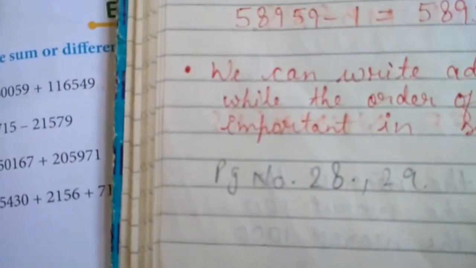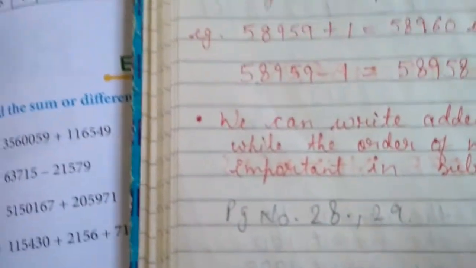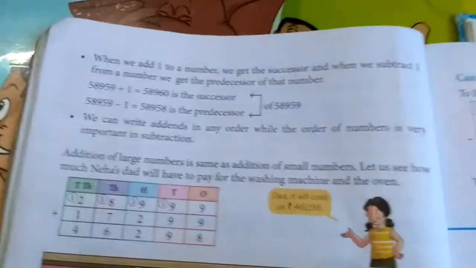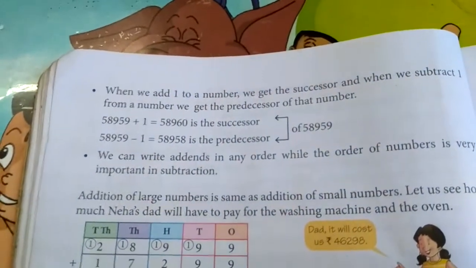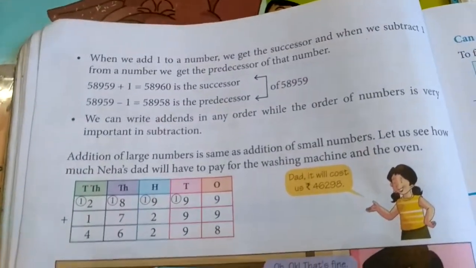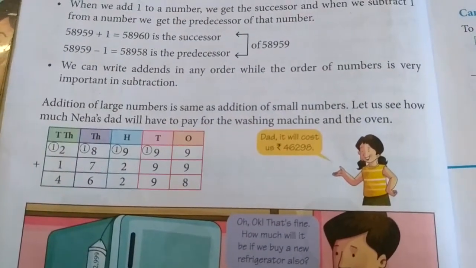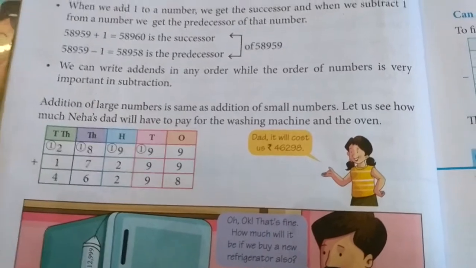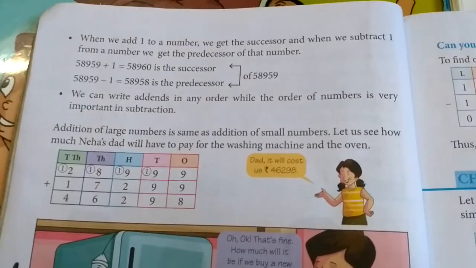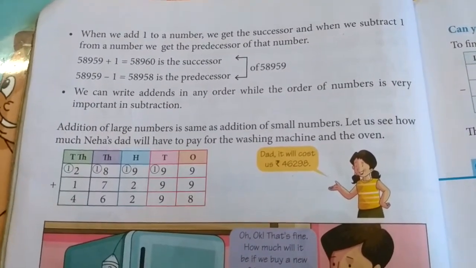There will be no change in the result. The same thing is written over here about the successor and predecessor. And the third point, which I have already told you, is that we can write addends in any order, while the order of numbers is very important in subtraction.